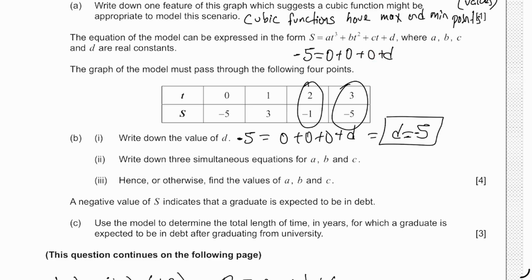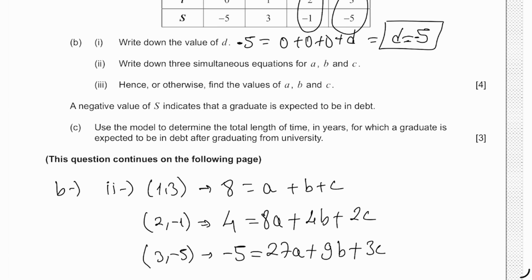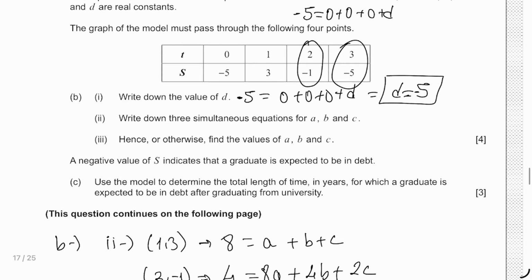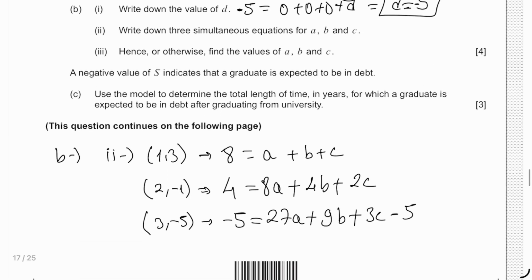So 3C, minus D, which is minus 5. So if I send minus 5 over, it's going to be plus 5, and they cancel each other. It's going to be 0. So 0 here. These are the 3 simultaneous equations that we can use.